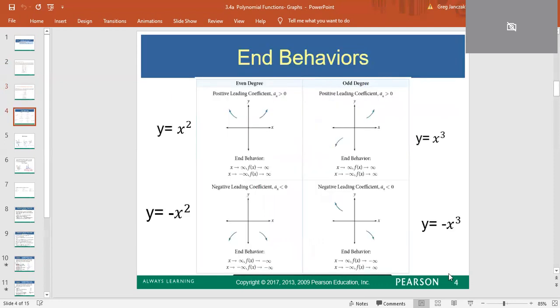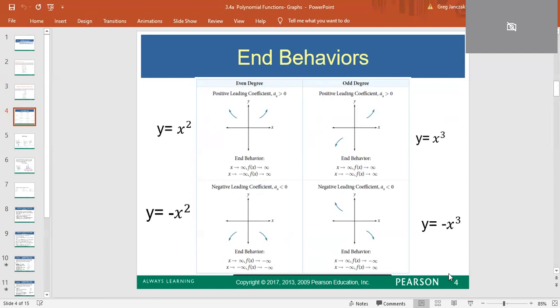Okay, now here's where you've got some answers to put in. This one to the left is an even degree and it's positive, so it's going to open up to the left and up to the right. What we're looking for here is, what does the end behavior do?